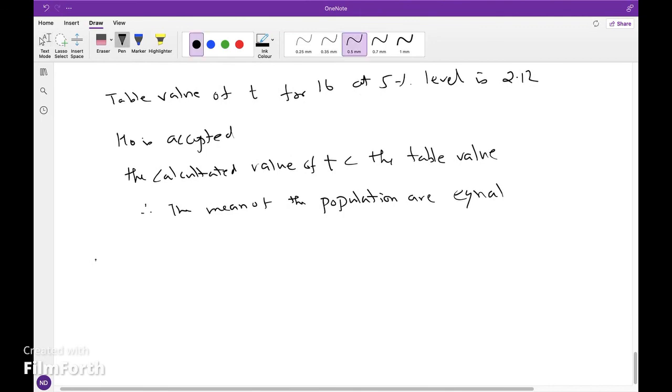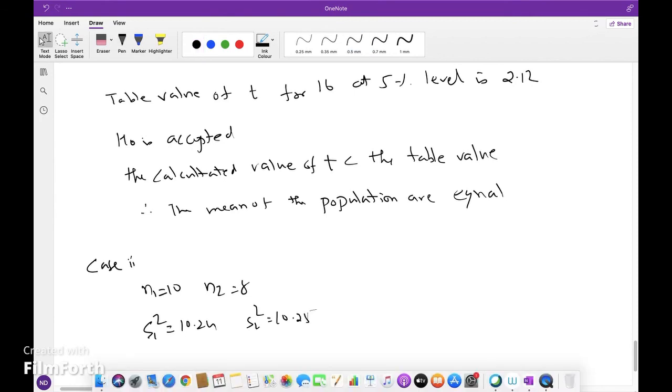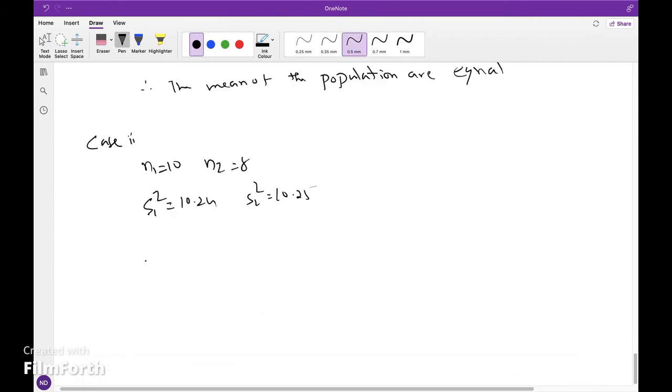But case 2: n1 equal to 10, n2 equal to 8, s1 squared equal to 10.24, s2 squared equal to 10.25. So null hypothesis H0: sigma 1 squared equal to sigma 2 squared. H1 alternative: sigma 1 squared not equal to sigma 2 squared. H0: population variances are equal. H1: variances are not equal.